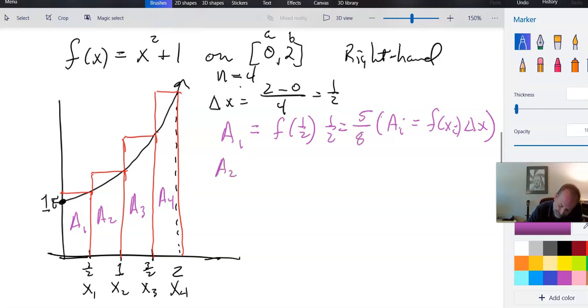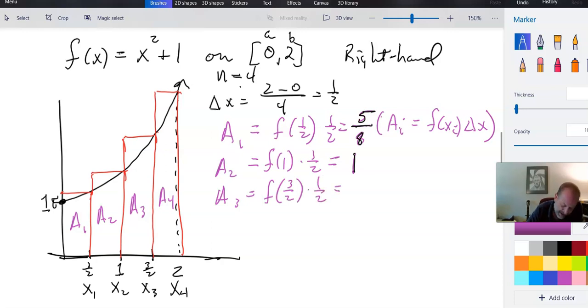Area 2, you can see how this can get very tedious when you have like 10 rectangles, would be f of 1 times 1/2. f of 1, 1 squared plus 1 is 2, half of 2 is 1. In fact, let me do this just so they stand out a little more. That's 1. A3 is f of 3/2 times 1/2.